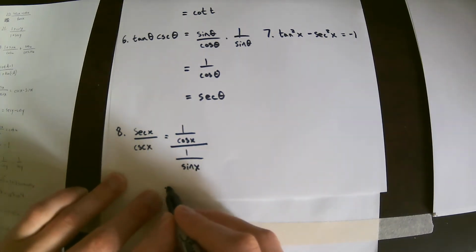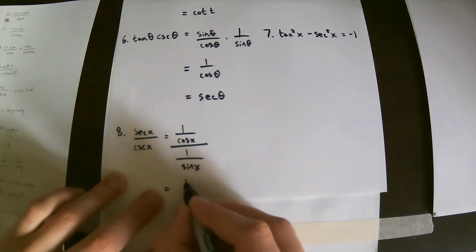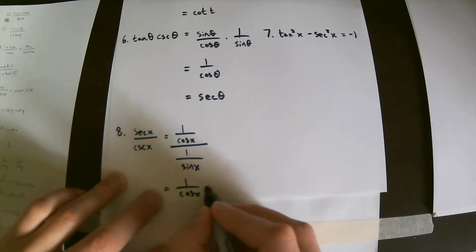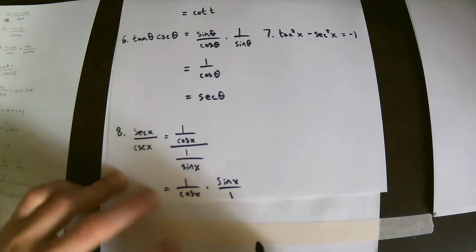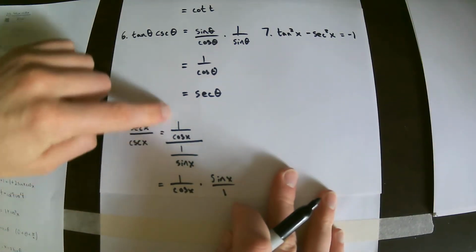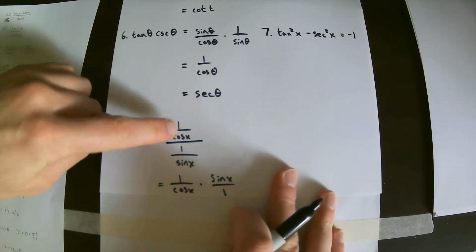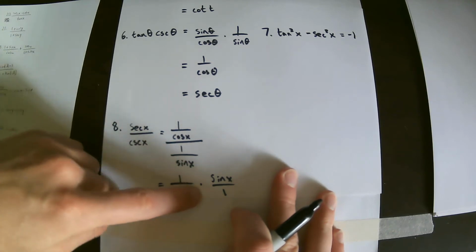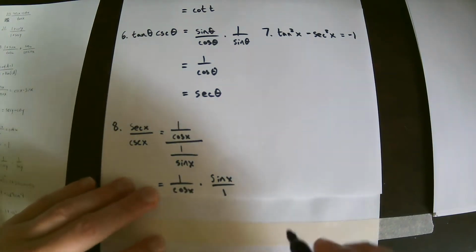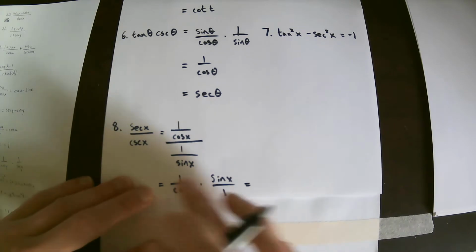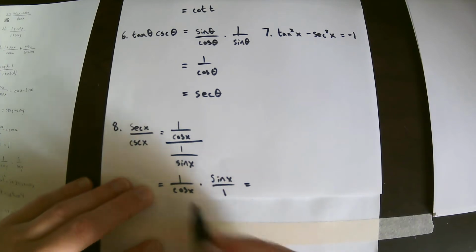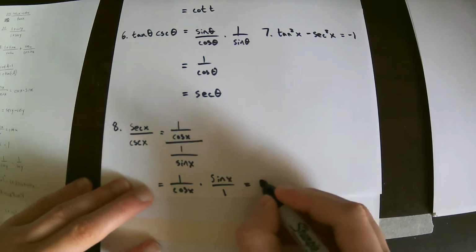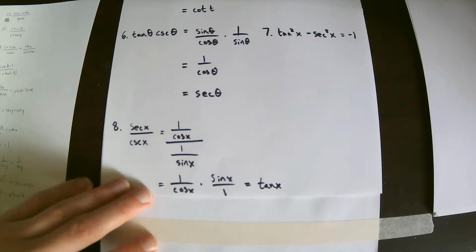Now this is equal to 1 over cosine x times sine x over 1. Remember when you're dividing fractions, you keep the first one, change the division to multiplication, and flip the second fraction. And working horizontally now, because I'm out of room, this is just sine over cosine, which is tangent x.